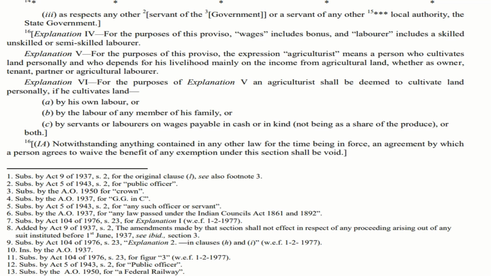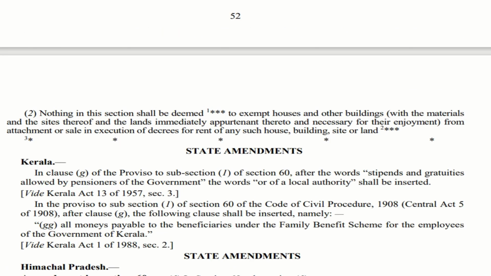Let us move to the next point, which is 1A. If there is any agreement entered into between parties making this particular section invalid, or saying that I don't want this benefit, I am waiving off this benefit, that kind of agreement is void. Now let us move to subsection 2.